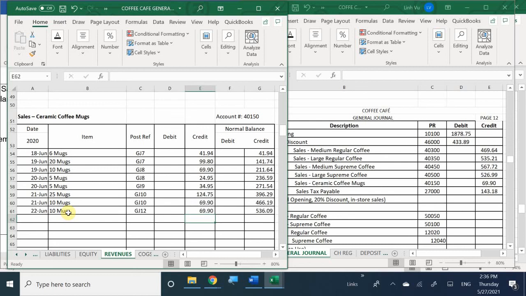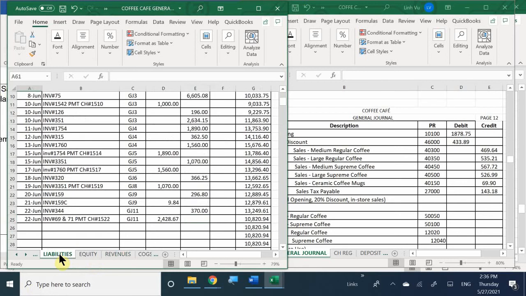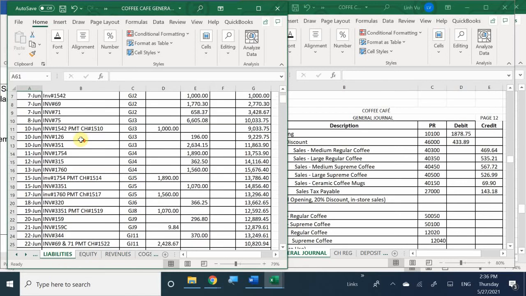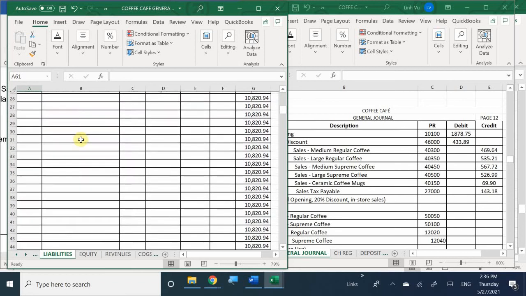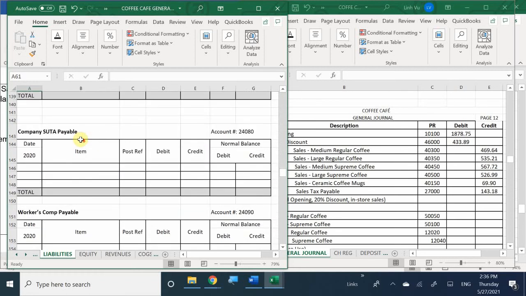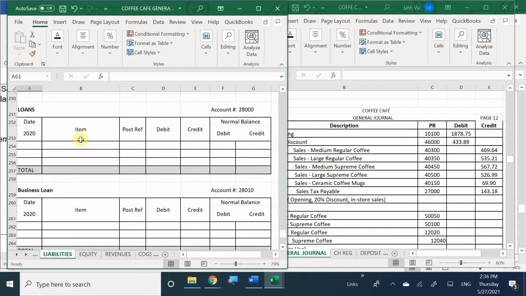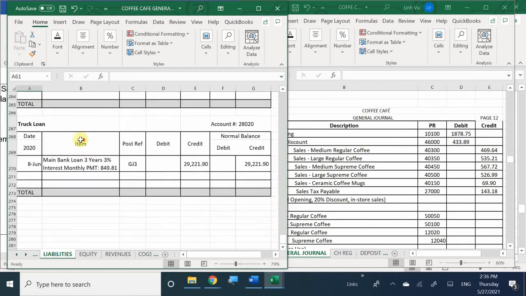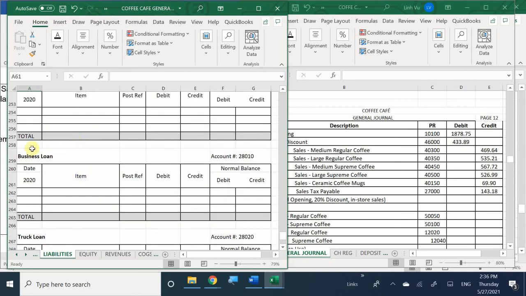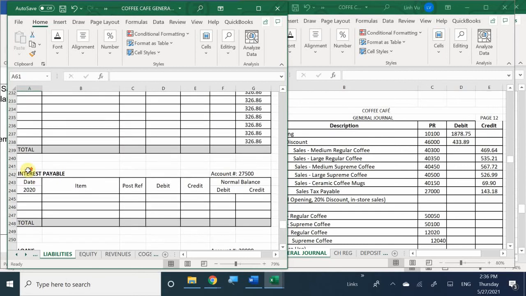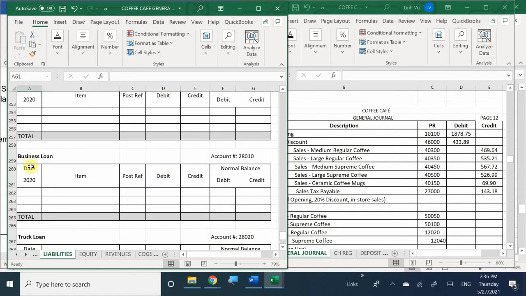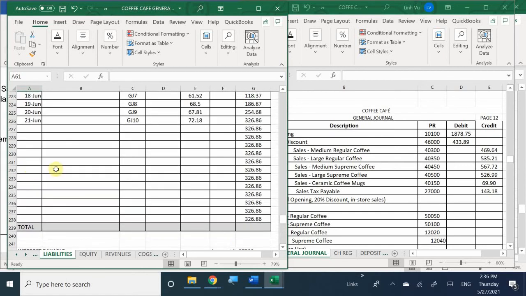Now we've got to go pay Uncle Sam. Liabilities. Sales tax payable.